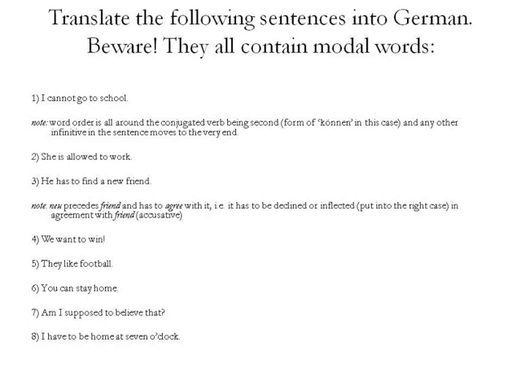Number 3, he has to find a new friend. To have to is müssen. Another thing you need to look out for here is that neu precedes the word Freund, which is masculine and accusative, and therefore neu will have an en attached to it.